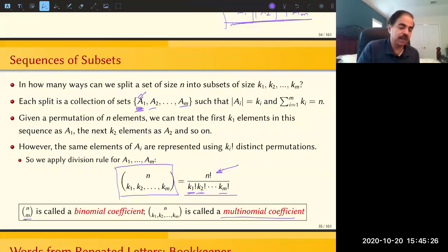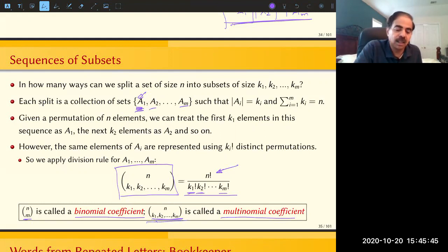So far we have been using this n choose m, which we said is called the binomial coefficient. This one talks about taking a set of n elements and dividing it into m subsets with specified sizes.